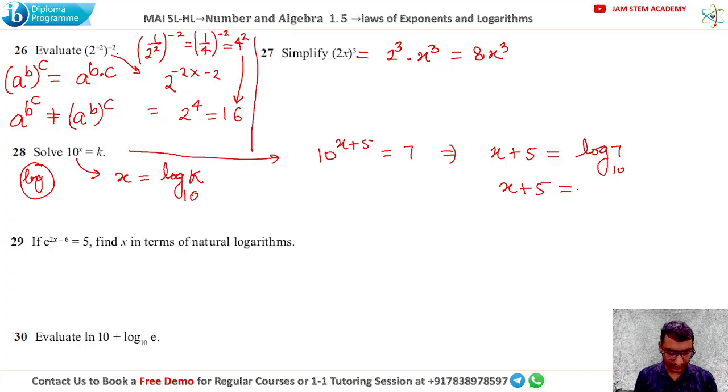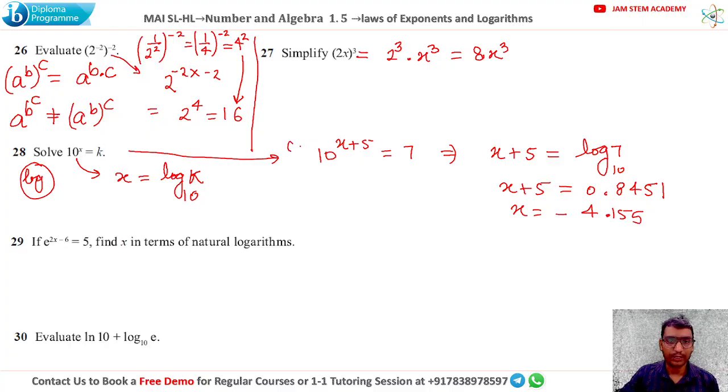Simply use your GDC and it comes out as 0.84509. So I can write it this way. Okay. So what's x? x equals this value minus 5. That comes out as minus 4.1549. So I'll write it as minus 4.155. That's the value of x.